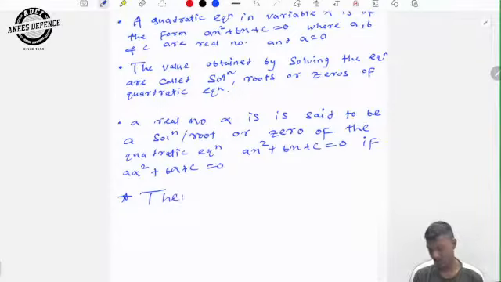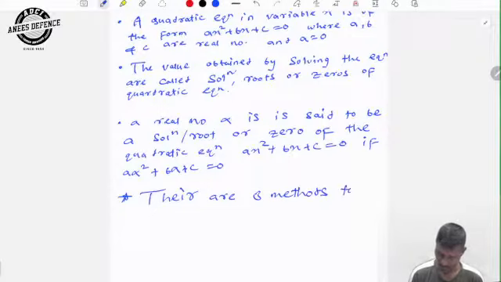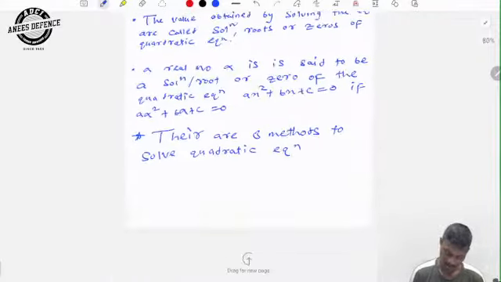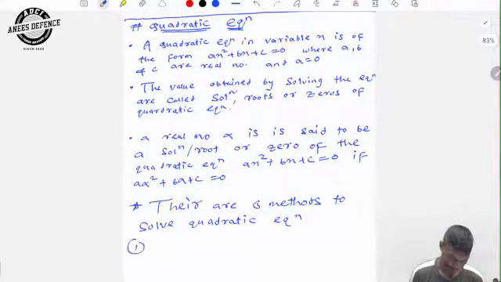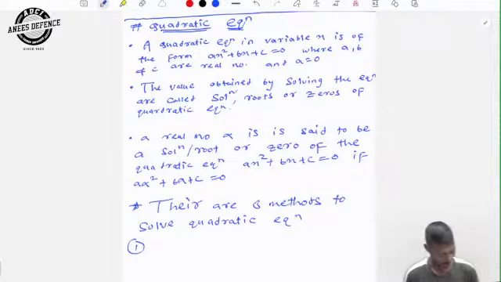There are three methods to solve the quadratic equation. First method is by factorization method, means by splitting the middle term, then making the perfect square, and by using the quadratic formula.